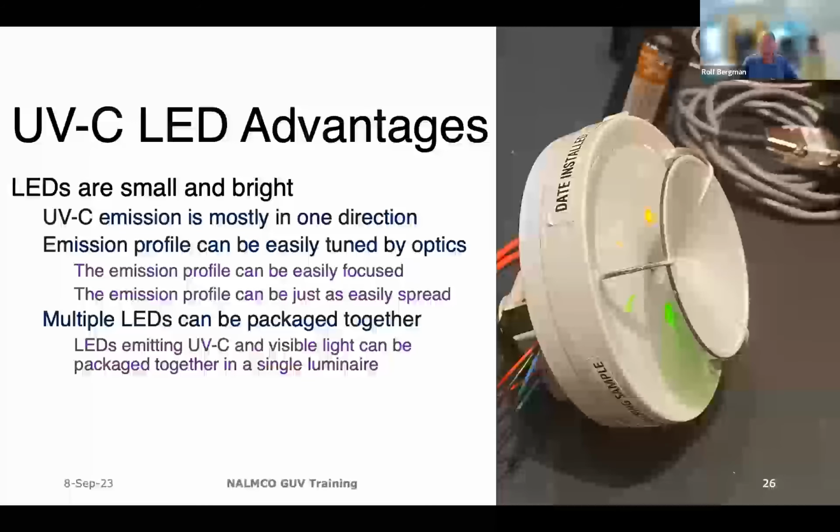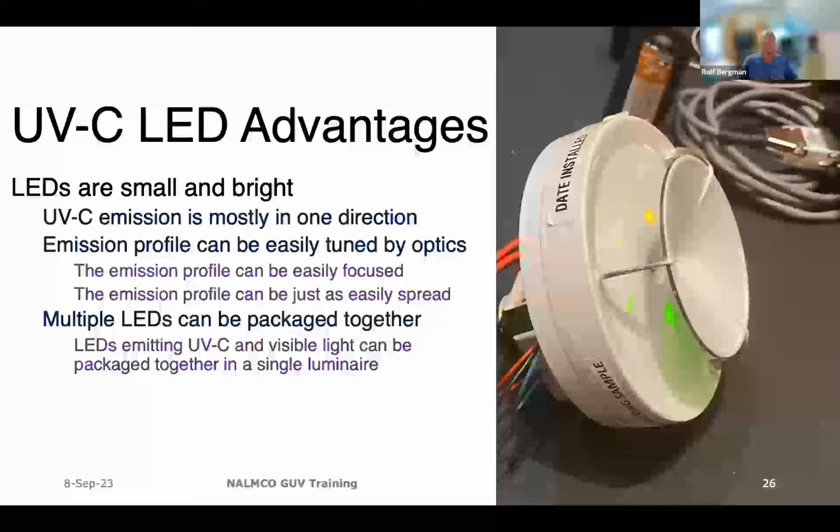But you can easily focus even the emission in one direction by adding small optical elements, and you can also spread the emission if you so choose.